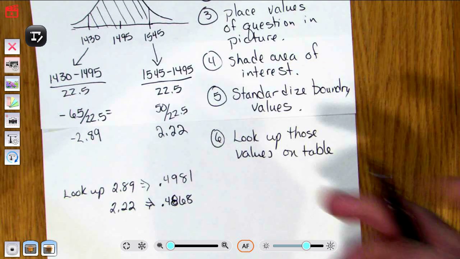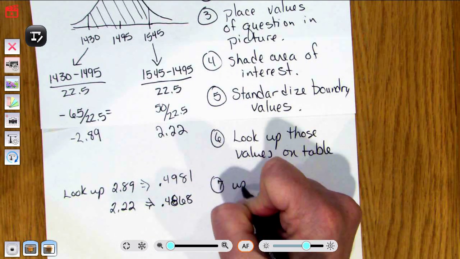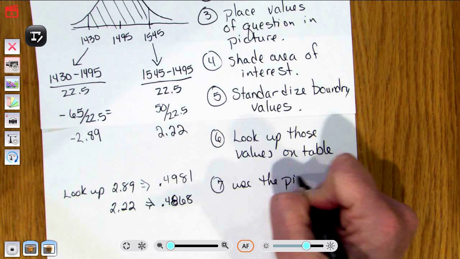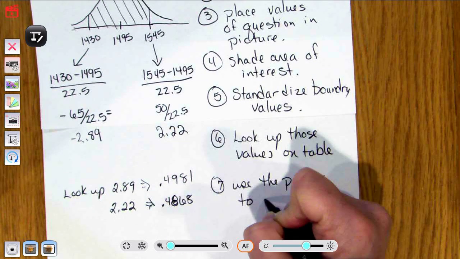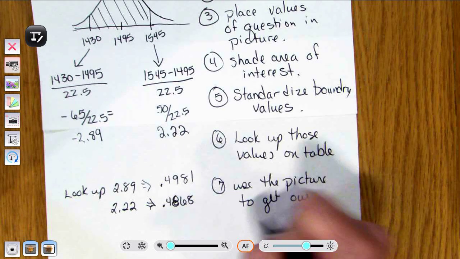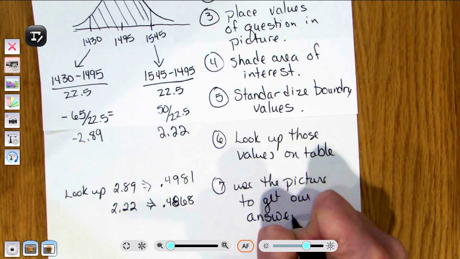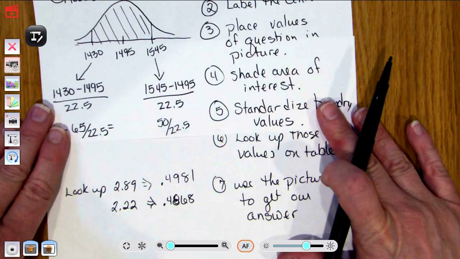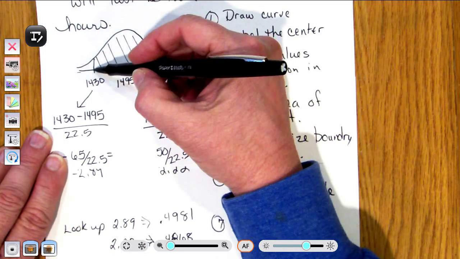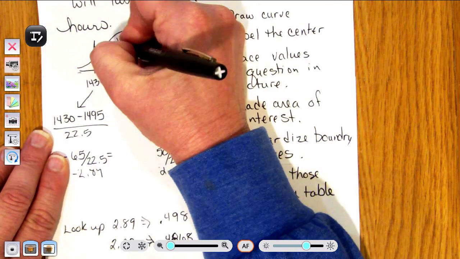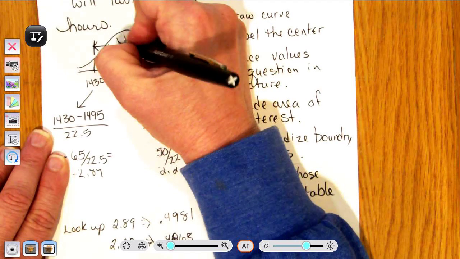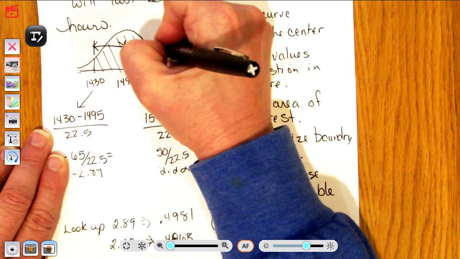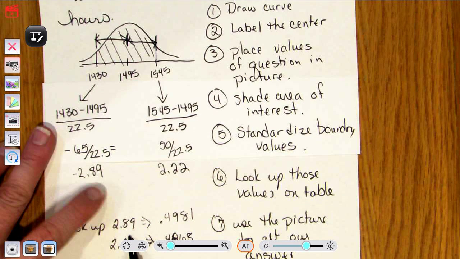Okay, and then what we are going to do is use the picture to get our answer. What I mean by that is to remember what the table gives us and use the picture to tell us what to do with these two numbers. The table gives us from that point to the center. So our 2.89, that was this guy.